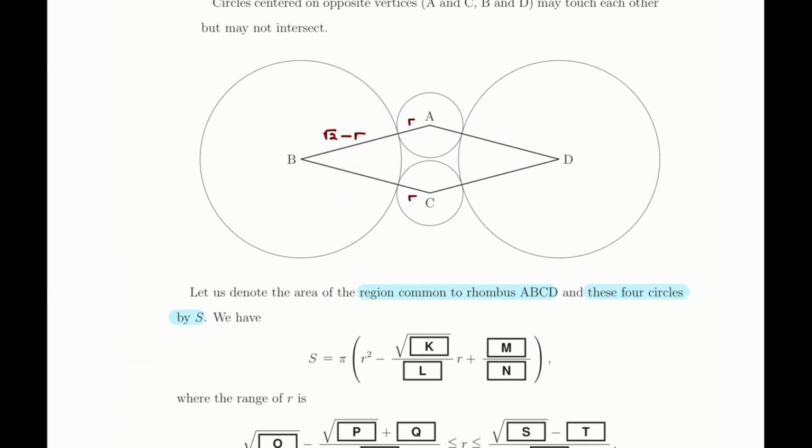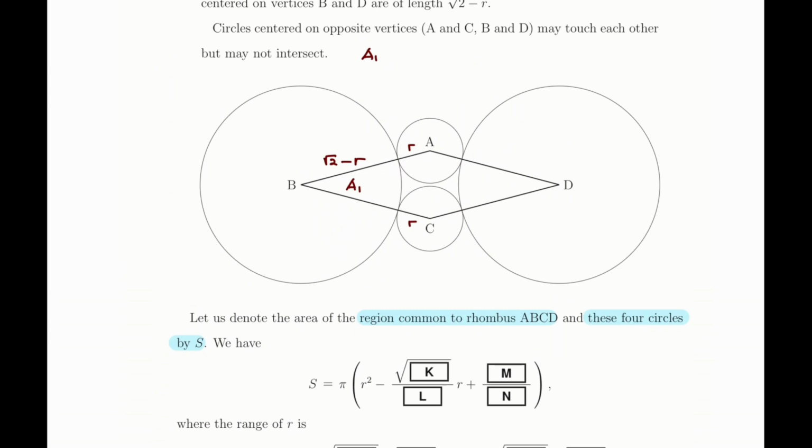I will denote it as A1. The area of A1: to find the area of a sector, we can use this angle which is 30 degrees over 360 degrees, times the area of one full circle, which is pi times radius, square root of 2 minus R, squared.